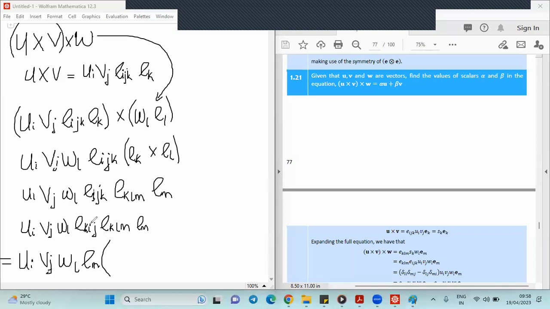How do we do it? K is common, so we're not going to even look at K at all again. K is dead to us. So we'll take the first letter that is not K and the first letter that is not K on both sides.